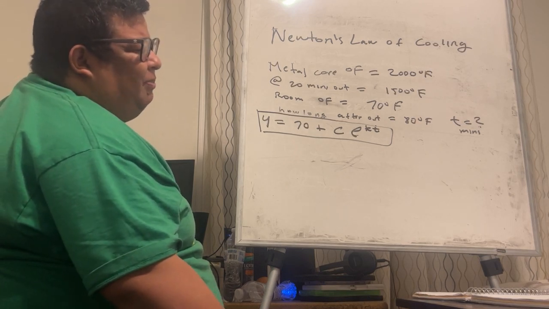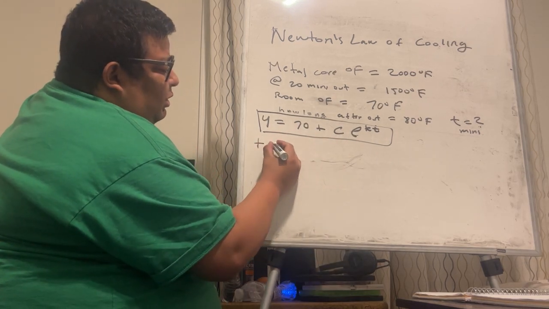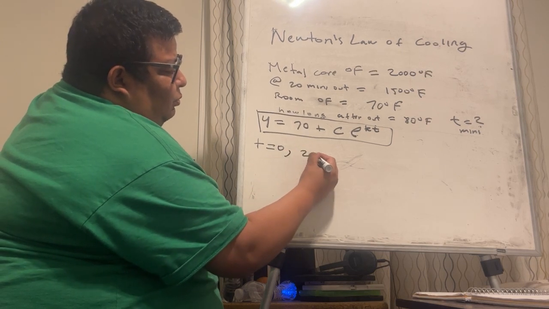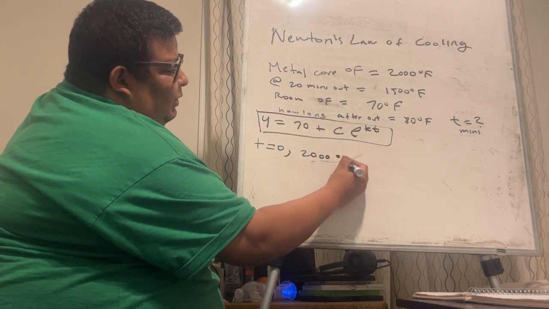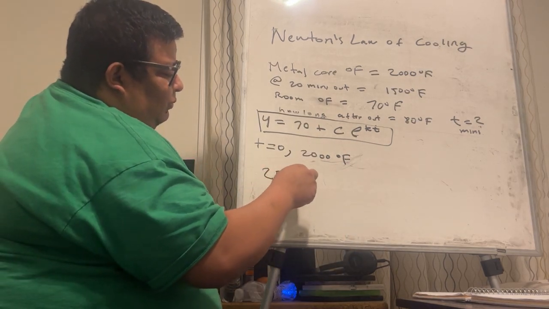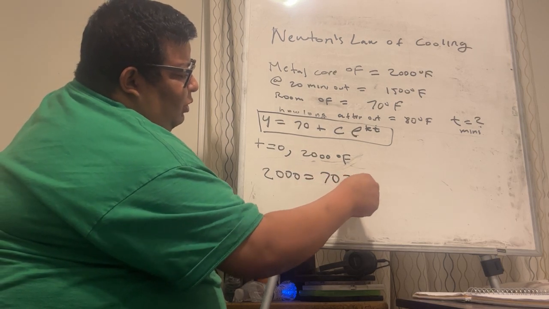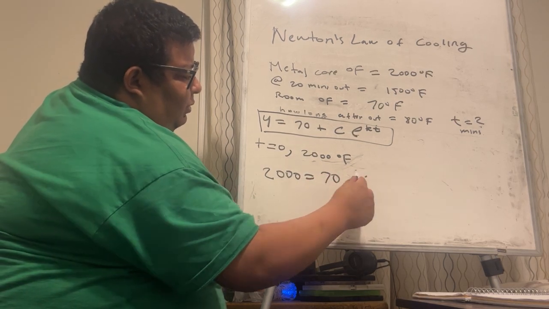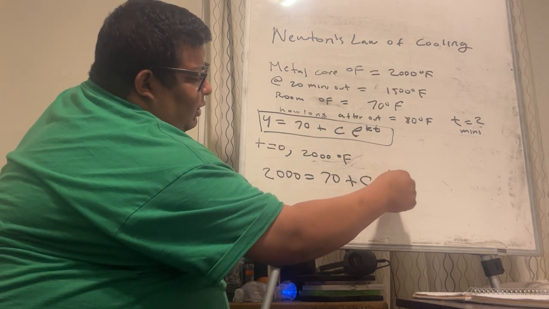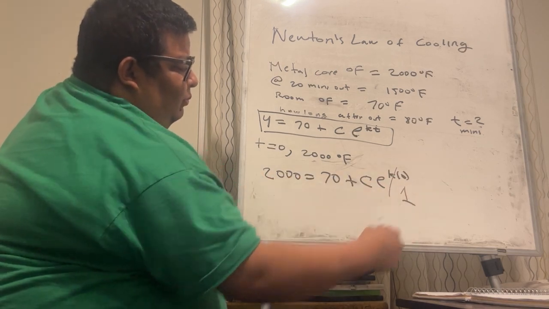So we plug it in: 2000 equals 70 plus C e to the k times 0, and this becomes 1.